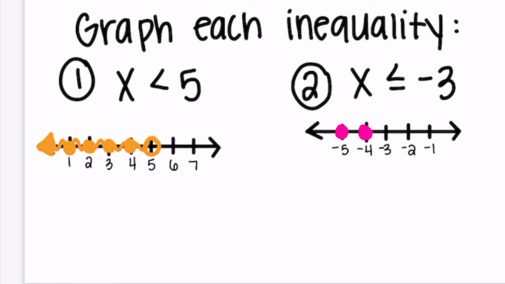And -3 is less than or equal to, so that equal to, that bar underneath, means that -3 is included in this graph. We are still shading everything to the left because all of these numbers occur to the left of the number -3.